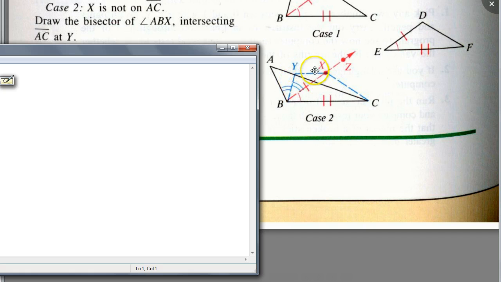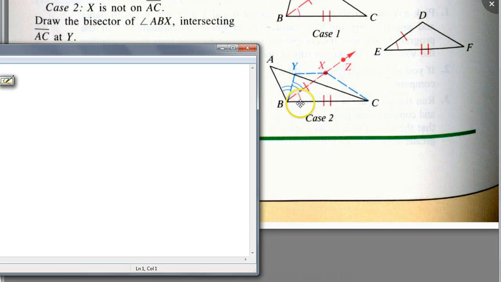So that's our second auxiliary line, the blue one. What can you tell me about these triangles, BAY and BXY? The two triangles are congruent. Why would the two triangles, the small ones, BYA and BYX, be congruent? Yes, by side angle side.